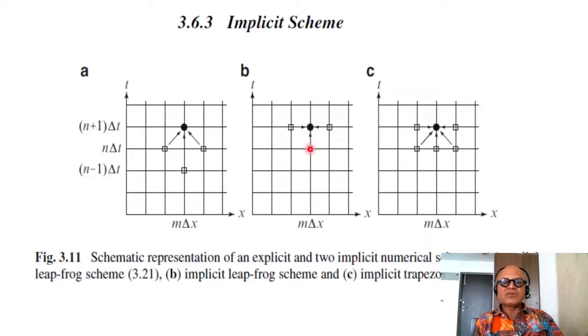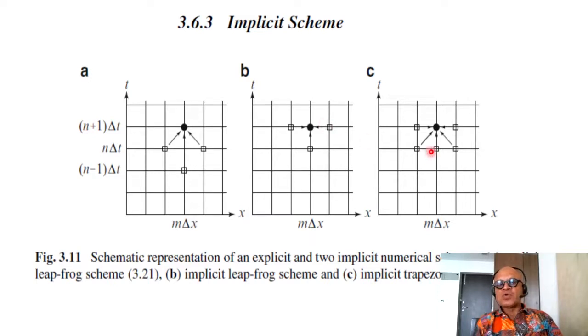It depends not only on c at m and n minus 1, but also depends on c at m minus 1, n plus 1, c at m plus 1, n plus 1. So this is what makes it implicit, because the current solution, the solution at the current time at the location we are looking for, also depends on values or solutions at the same time step at other locations in space.